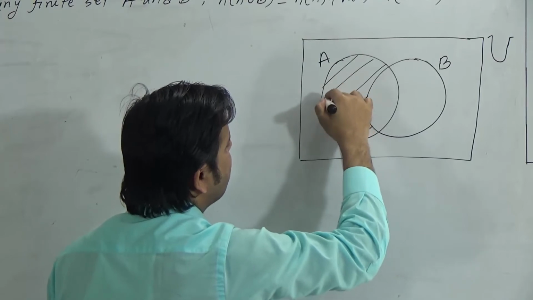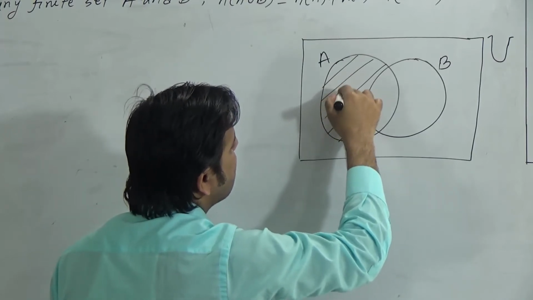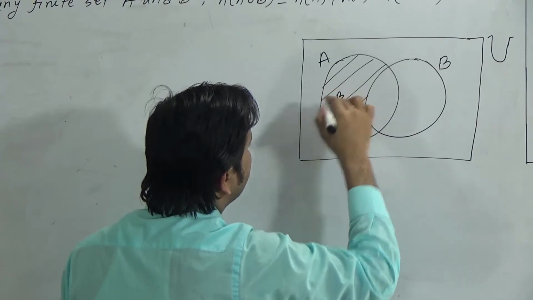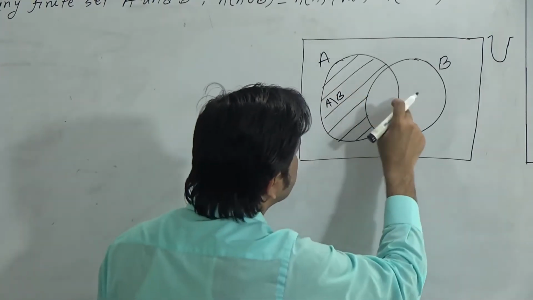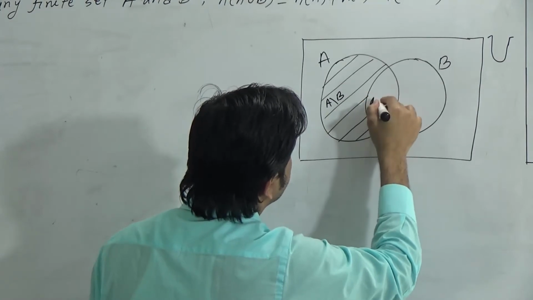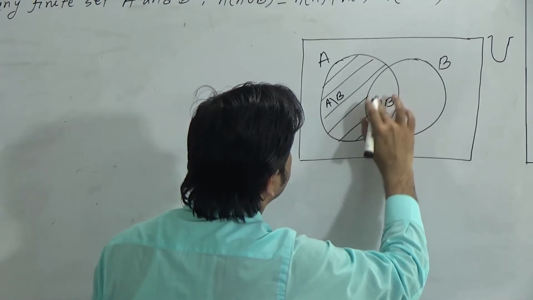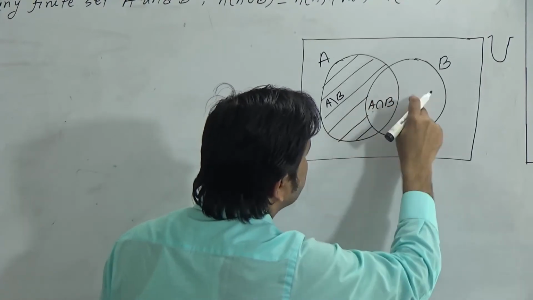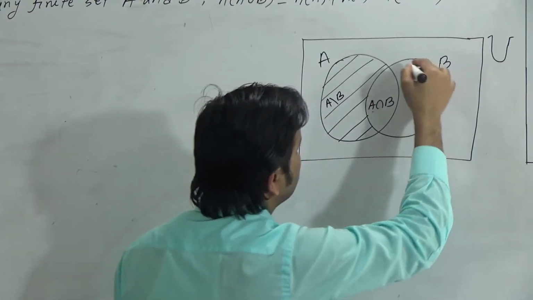So we write this portion as A delete B, and this portion is A intersection B.